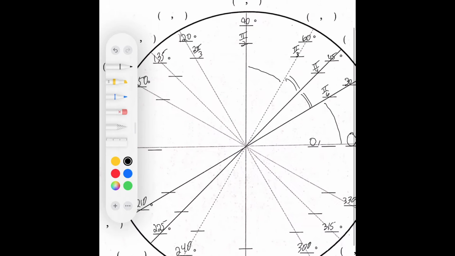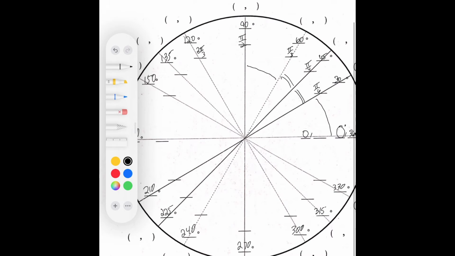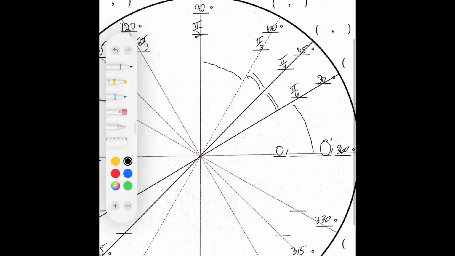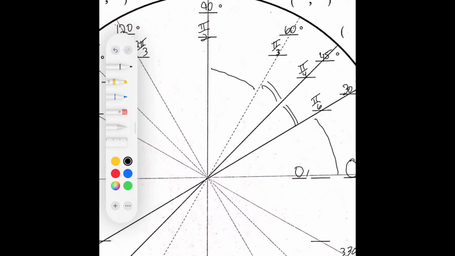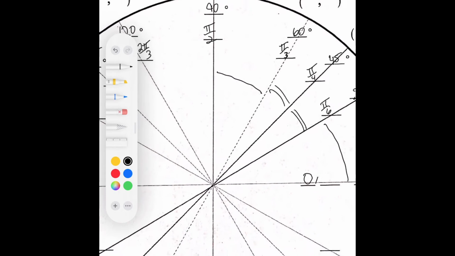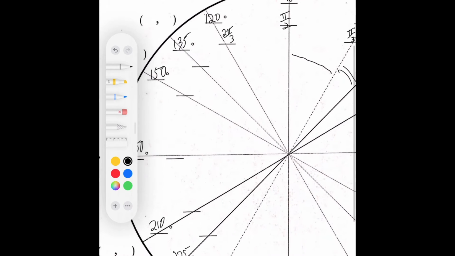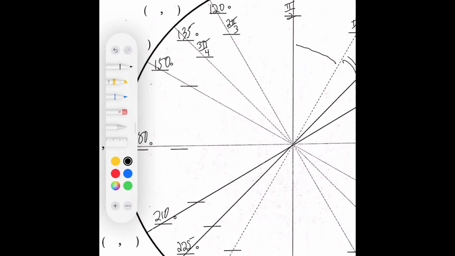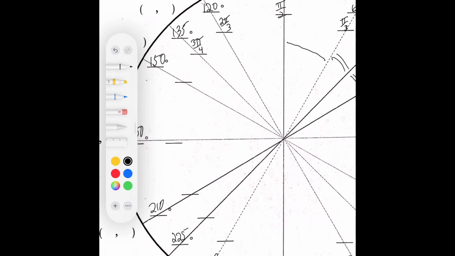And then all these in the middle of your quadrants, those are fourths. If this is 1/4, another 45 would be at 90, that's 2/4, or a 1/2. Another 45 would be 3/4, so 3 pi over 4. So every position in the middle of your quadrant is going to be some pi over 4.